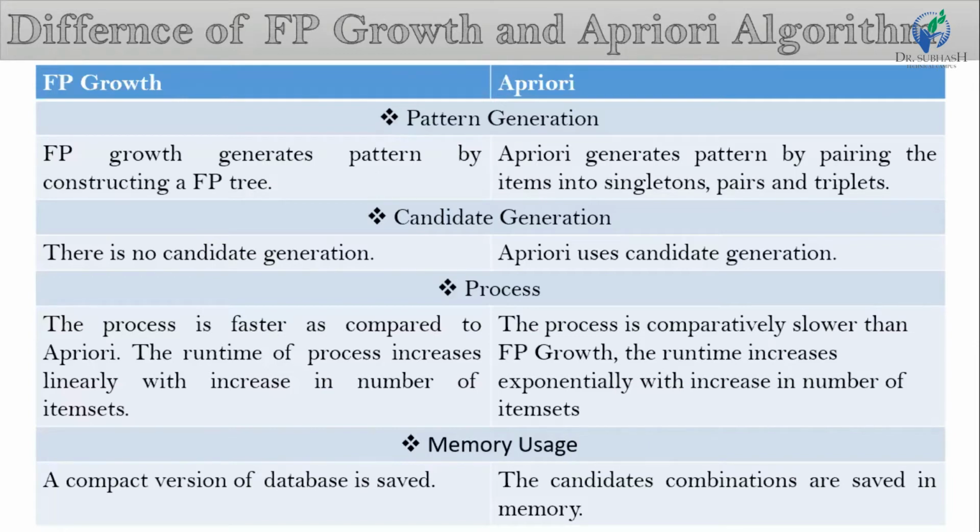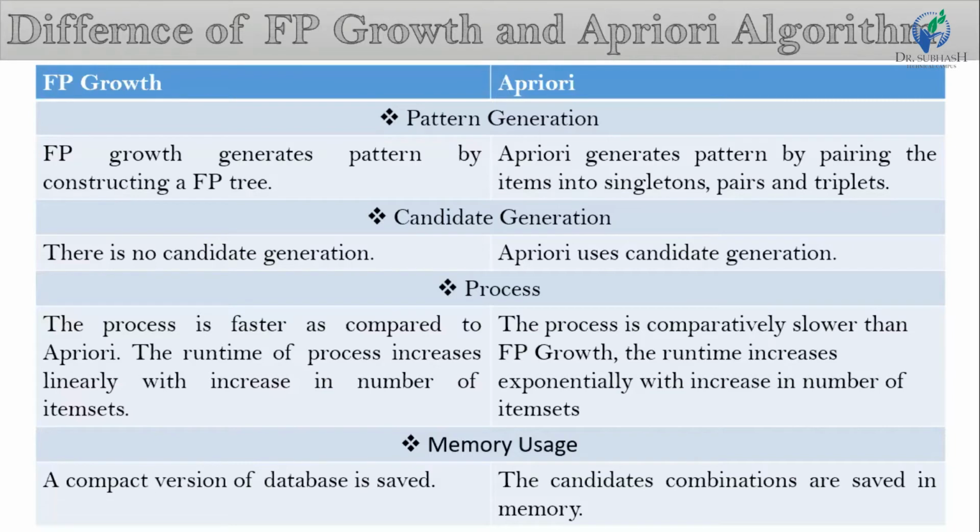Now, the second characteristic is candidate generation. In FP growth, there is no candidate generation. Apriori uses candidate generation. Now, the third characteristic is process. In FP growth, the process is faster as compared to Apriori.